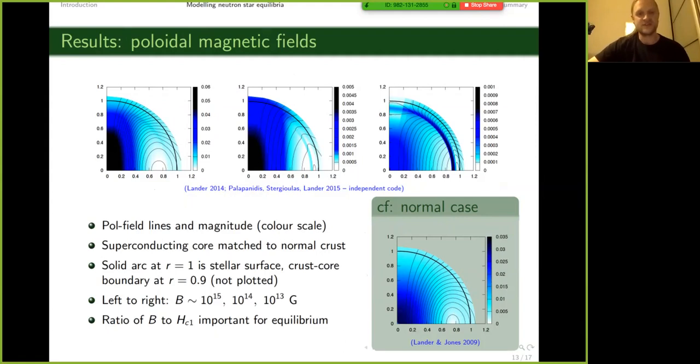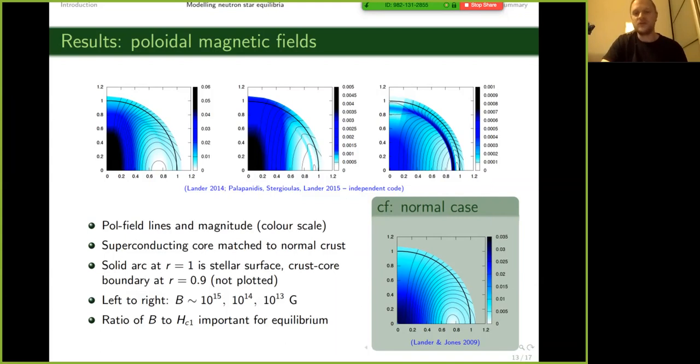The stellar surface is at a radius of 1, and the crust-core boundary, which is not shown, is at a radius of 0.9, but you can see features of the crust-core boundary. Maybe I'll start with the normal case. The green box shows what you get in the same case for normally conducting matter, not superconducting matter.